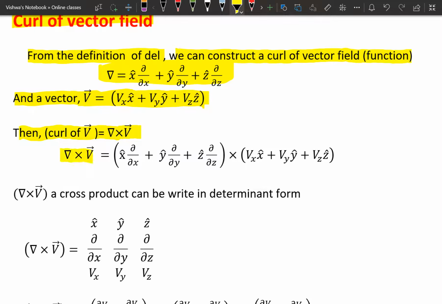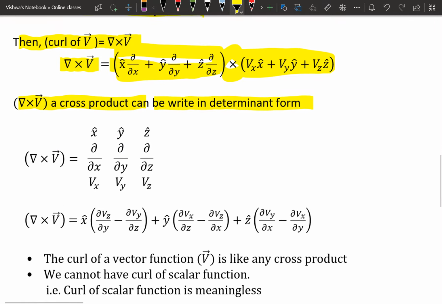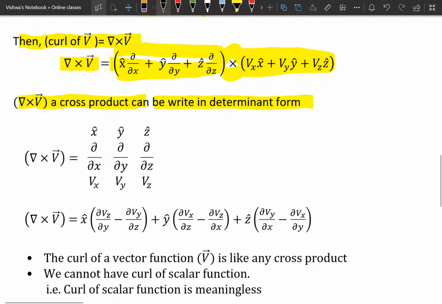Then del cross v is, this is the del operator and this is the vector field v. It is under cross product. Del cross v is a cross product, can be written in determinant form. For that, the determinant form is given here. Here we have to draw determinant lines.